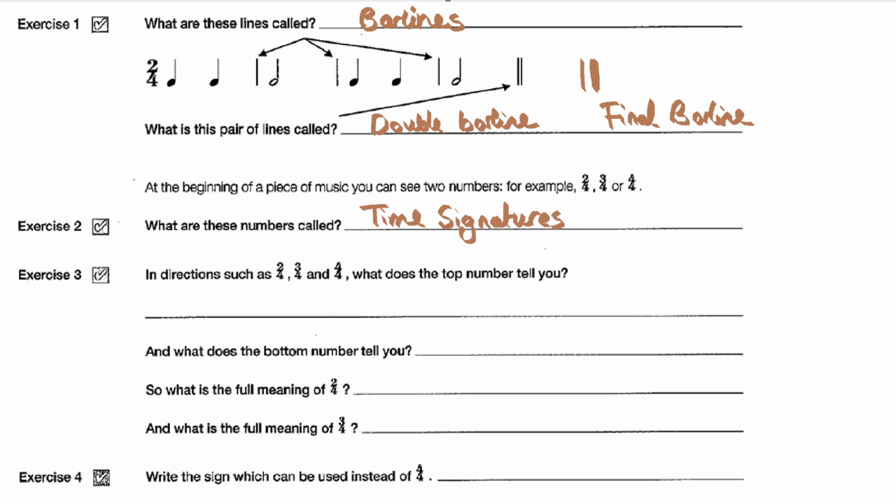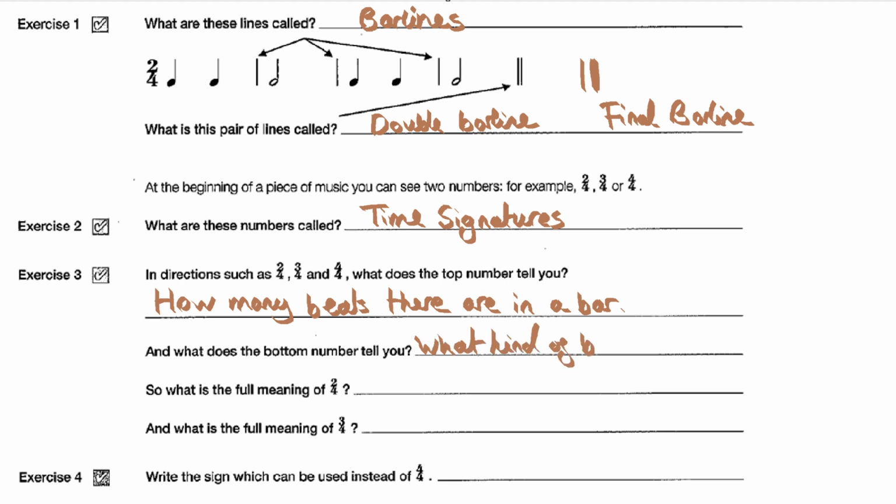In directions such as 2/4, 3/4, and 4/4, the top number, the numerator, tells us how many beats there are in a bar. The bottom number tells you what kind of beats there are. And in grade 1, the 4 always denotes a crotchet beat.